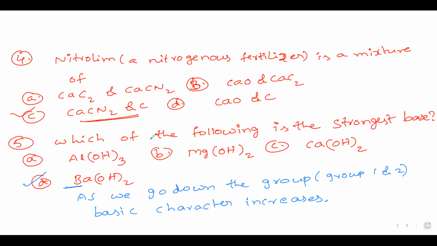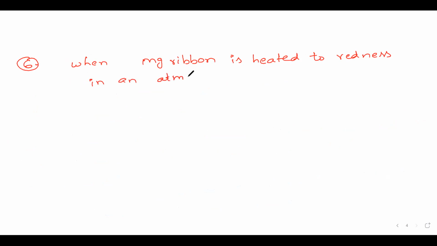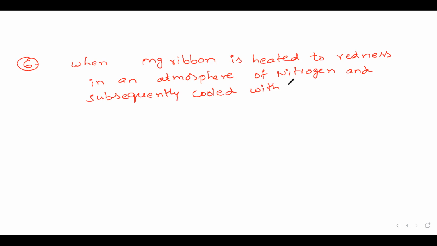Question number 6. When magnesium ribbon is heated to redness in an atmosphere of nitrogen, and subsequently cooled with water, the gas evolved is: option A, nitrogen.